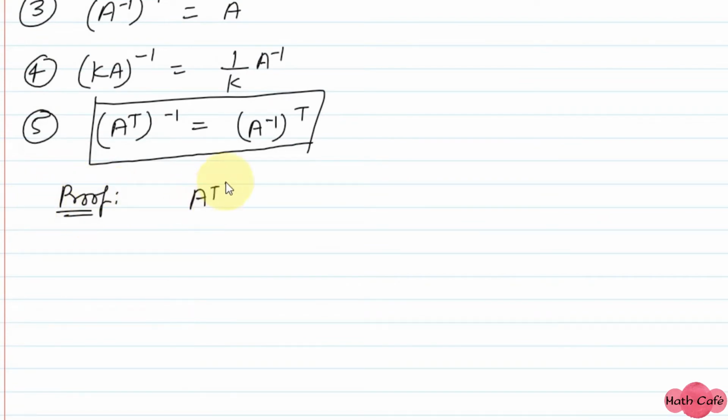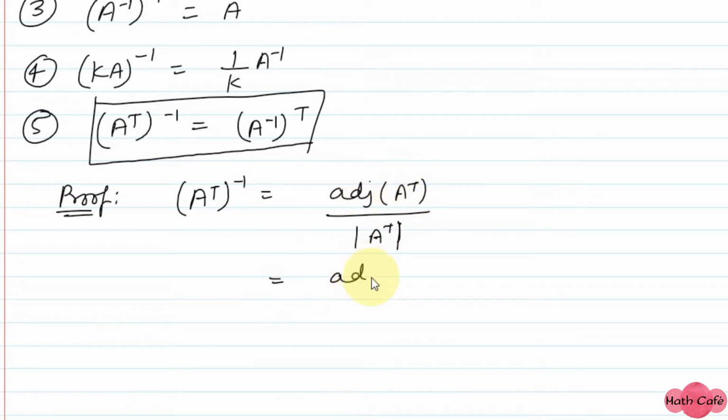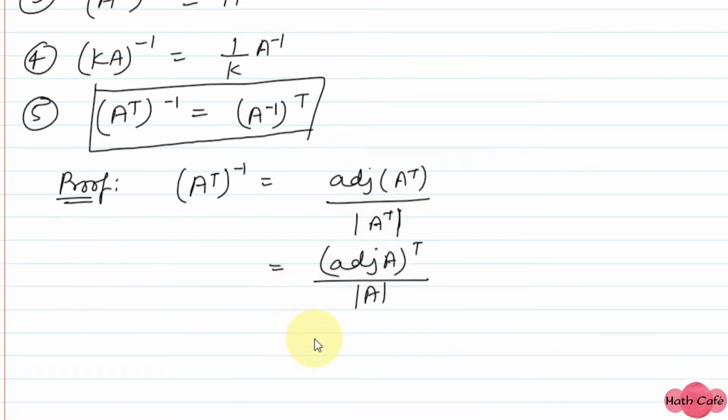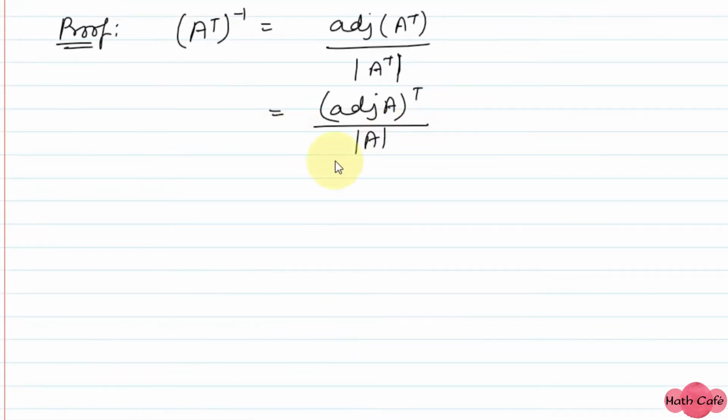A transpose inverse will be, from property number 2, I can write it as adjoint of A transpose divided by determinant of A transpose. As we know that adjoint of A transpose will be written as adjoint of A whole transpose, and determinant of A transpose will be determinant of A. So finally I can write it as adjoint of A divided by determinant of A whole transpose.